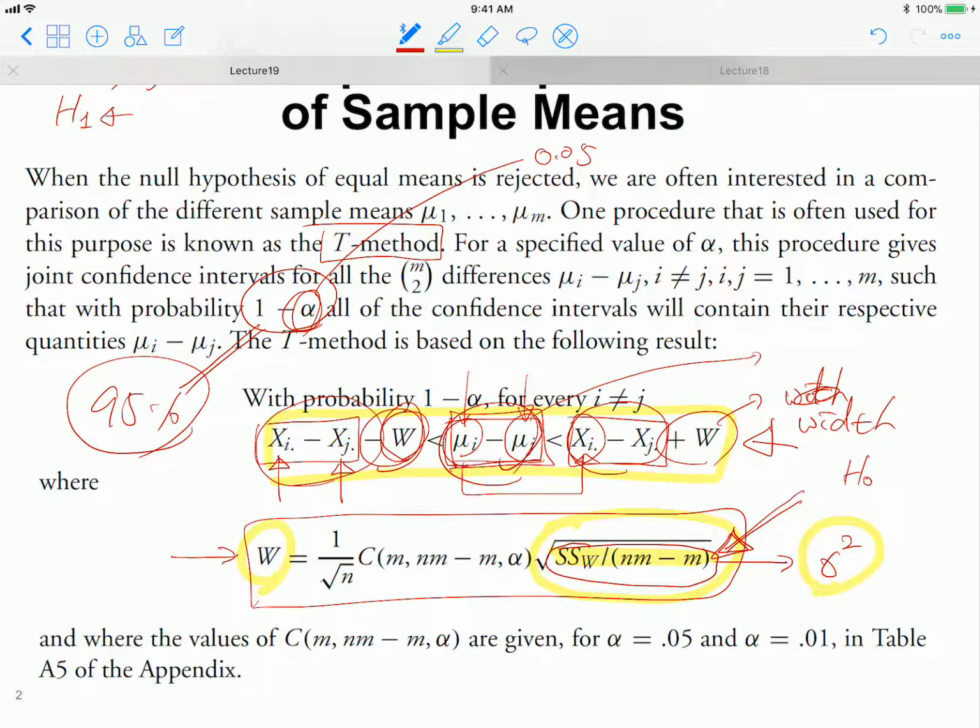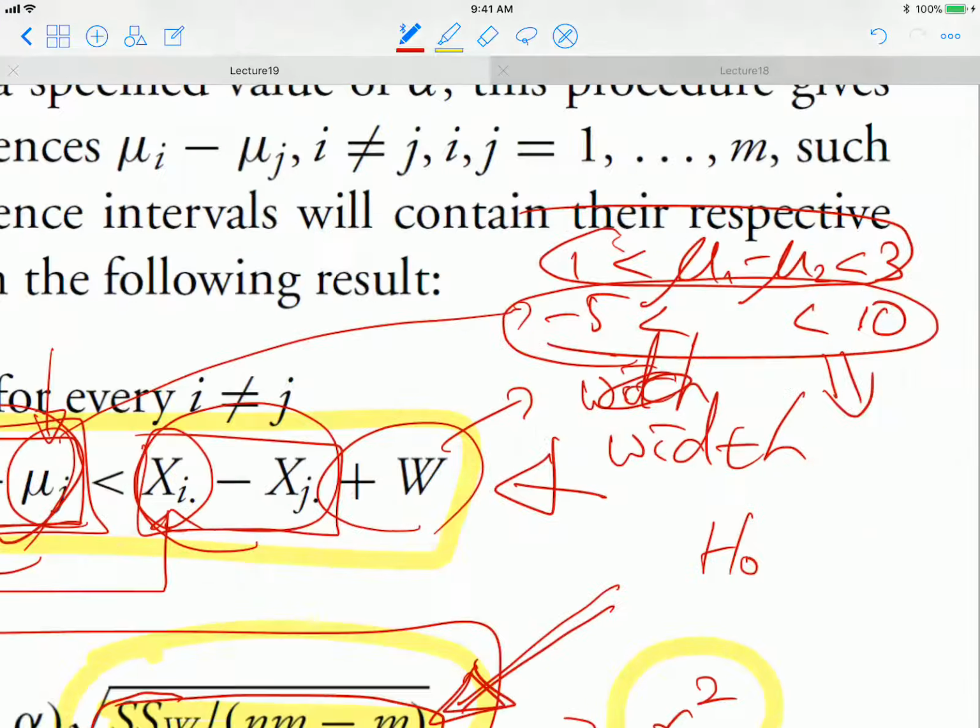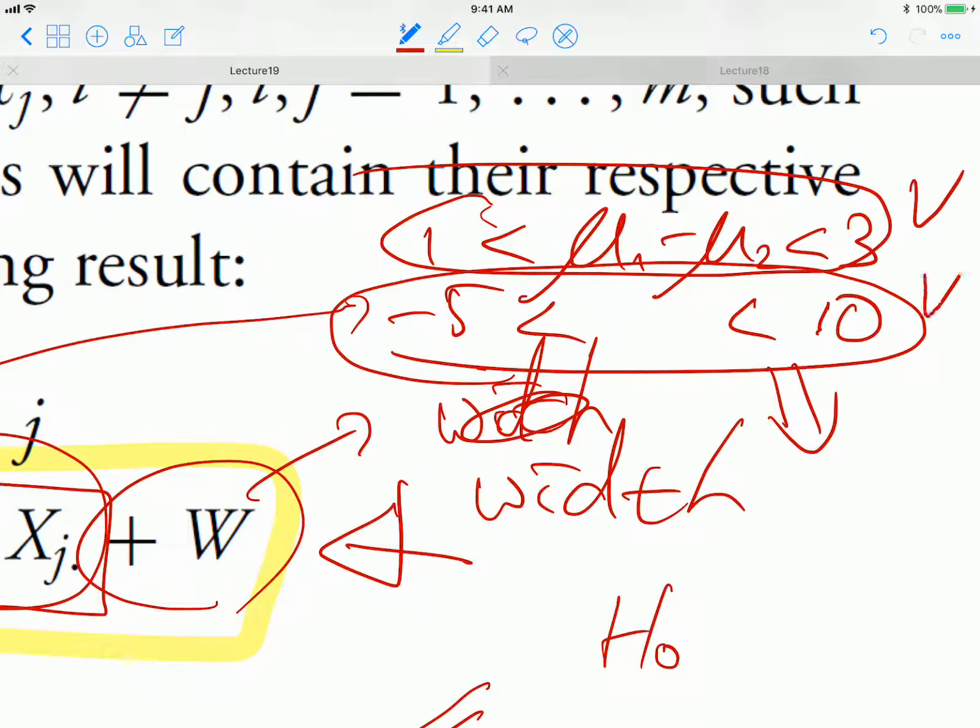suppose mu1 minus mu2 was maybe between 1 and 3, and then maybe between minus 5 and 10. So definitely this one has the wider interval, right? Which one is a better interval estimate, the narrower one or the wider one?